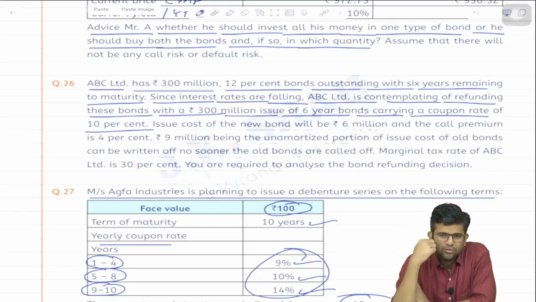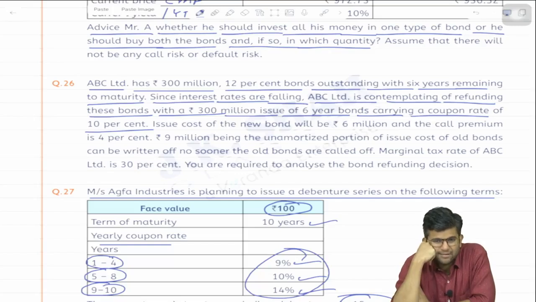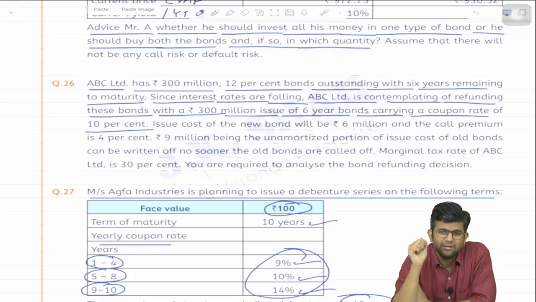But today, I am feeling sad. Why? Because in the market, interest rates have fallen. Which means today, if I would have issued a bond, I would have been able to issue it at a cost of capital of only 10%.